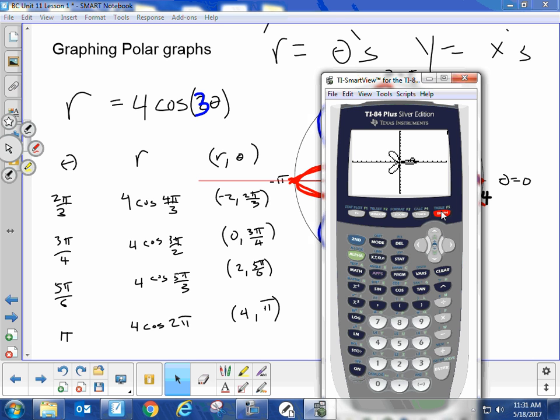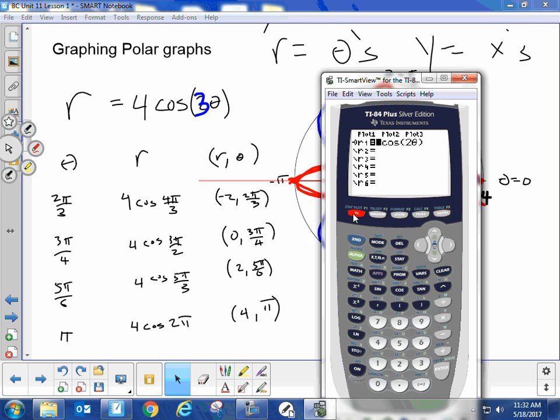Go ahead and graph cosine of 2 theta again and look at what happens. So here's the graph of cosine 2 theta. You can see how it's created using increasing angles.